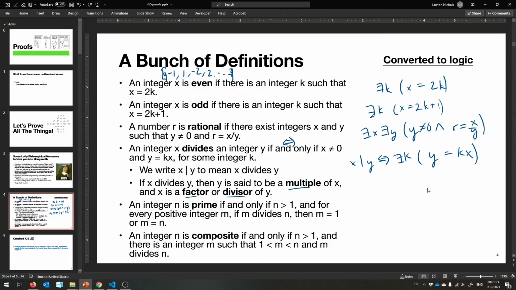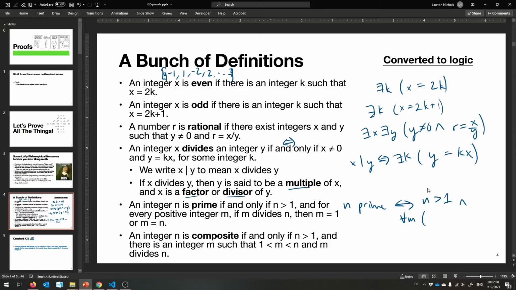Okay, let's see here. So n is prime. We can write it like this: n prime if and only if, and now here we get a bit fancy, n is greater than 1 and for every positive integer m. This is how you write this in math: for all m, you can write it in one of two ways.